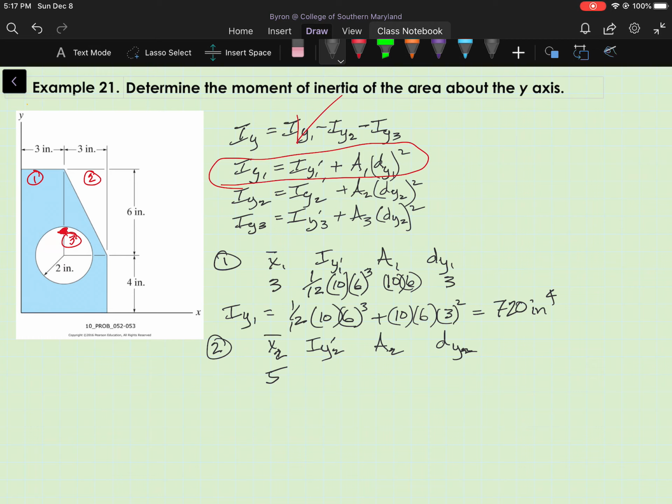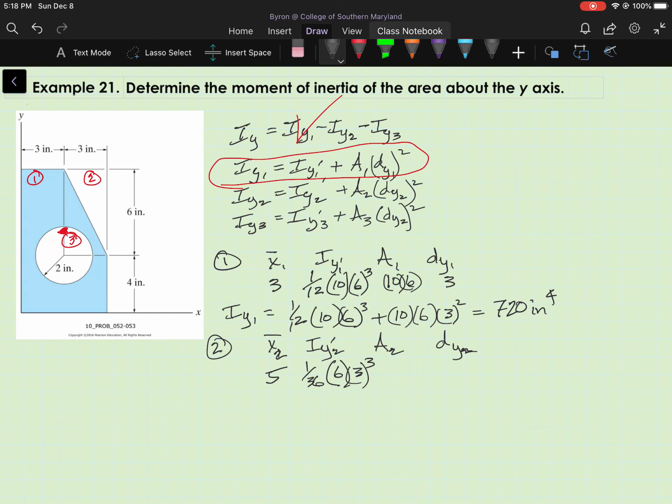The moment of inertia of a triangle about an axis going through its centroid is 1/36 times the base, which is 6, times the height cubed.